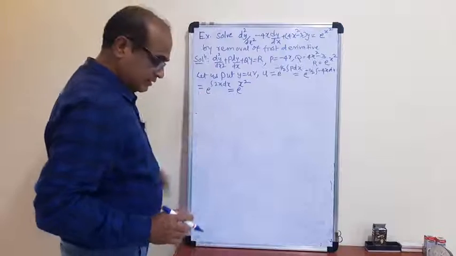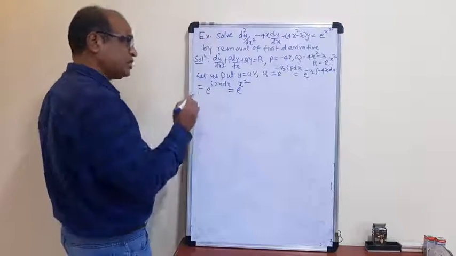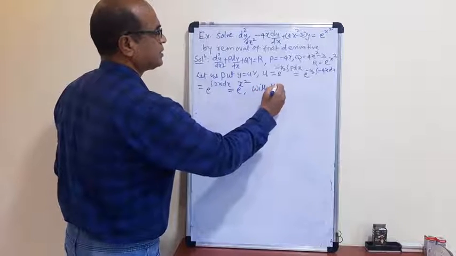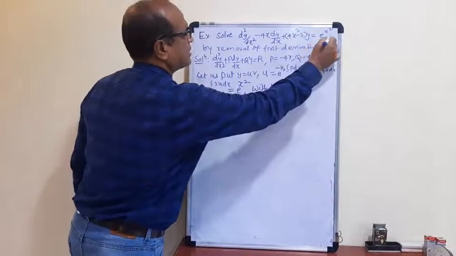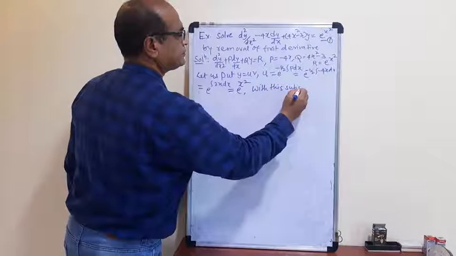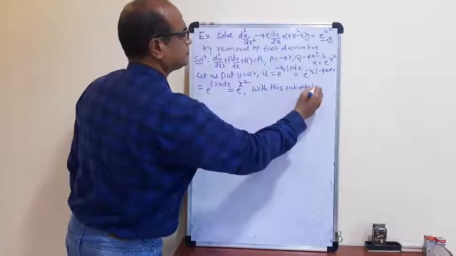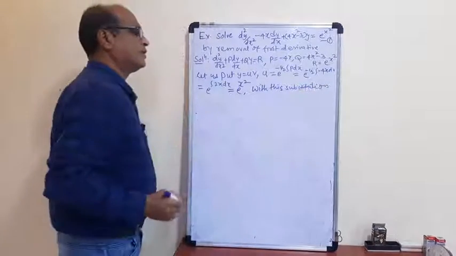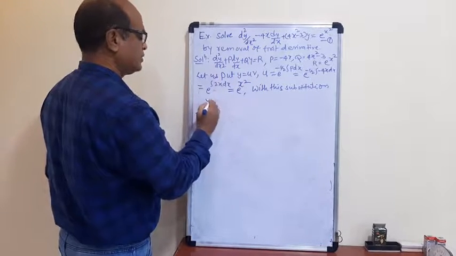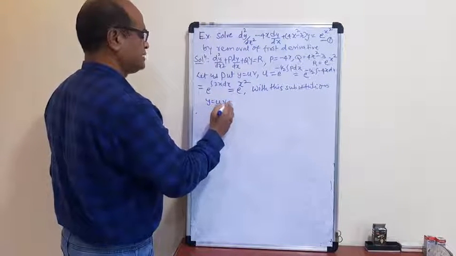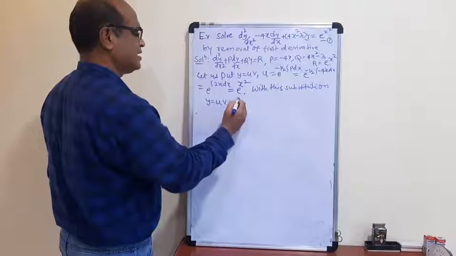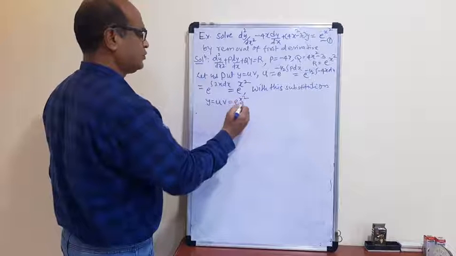So with this substitution, equation number 1, where y is equal to uv, u is e raised to x square, so y is e raised to x square into v.